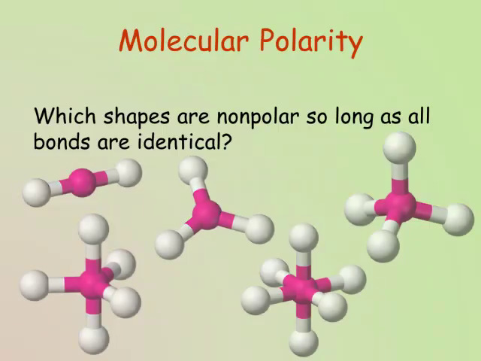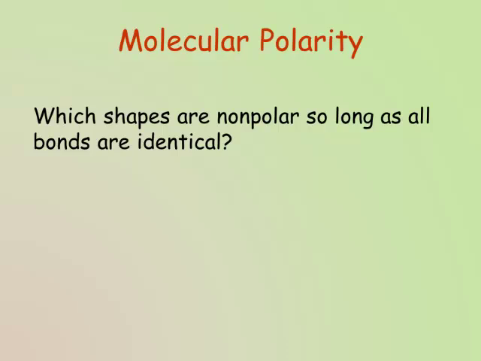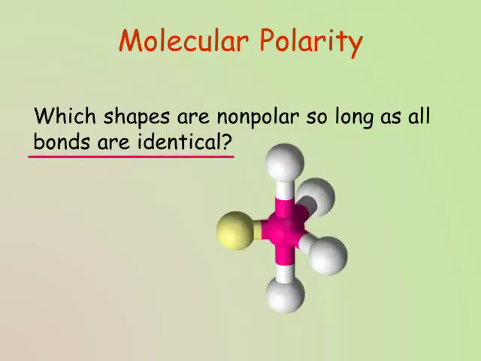Always keep in mind that this is all dependent on the bonds being identical. As soon as one outer atom is different, you now have different amounts of bond polarities. Even if the overall geometry is still symmetrical, the quantity of pull is no longer equal. So the whole molecule is polar.